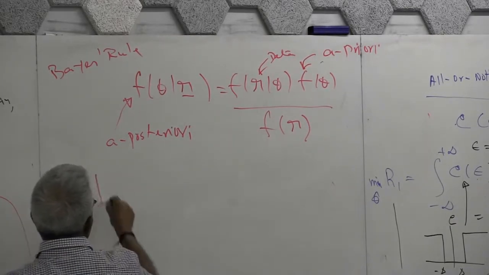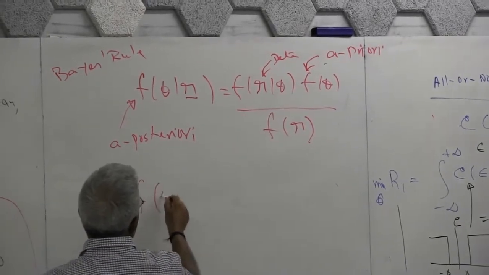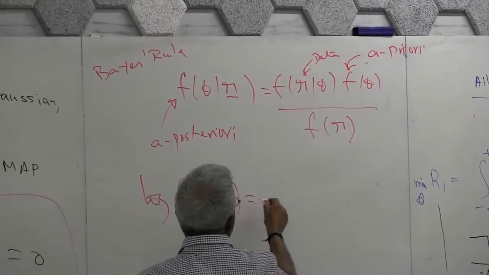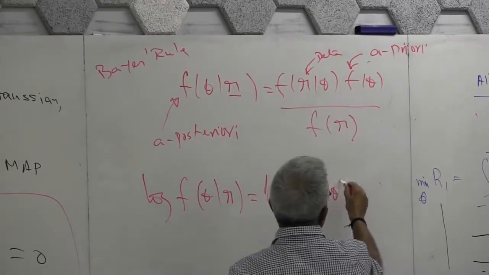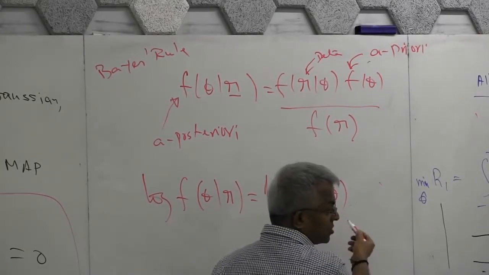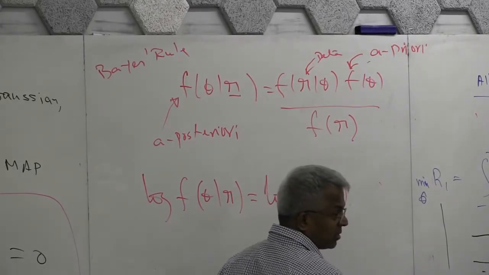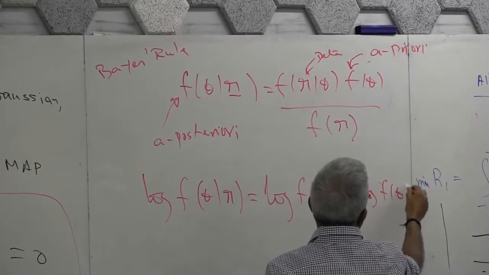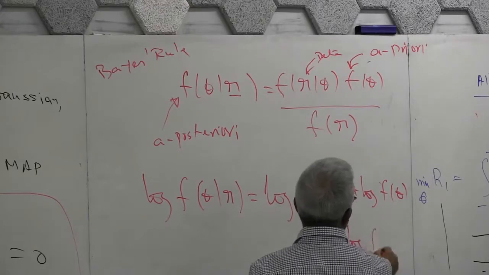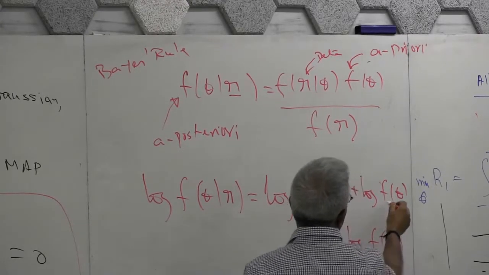Right, so if you take the logarithm, you get log of f of theta given r, which is what we want. This is not a priori, this is just theta given r, plus log of f of theta minus log of f of r. Remember, all these f's are different, right?